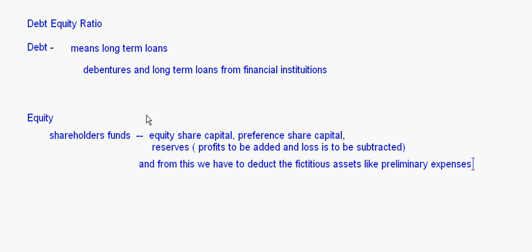So shareholders' funds is the total of equity share capital, preference share capital, reserves. If it is a profit, we have to add that. If it is a loss, it has to be subtracted, and whatever total you get from this, from that we will have to subtract any fictitious assets if it is given in the question, like preliminary expenses, right?